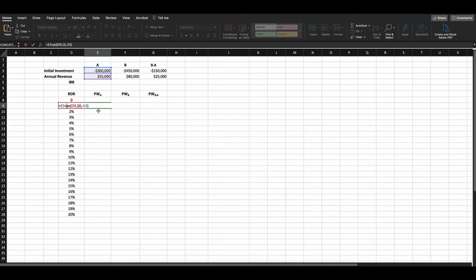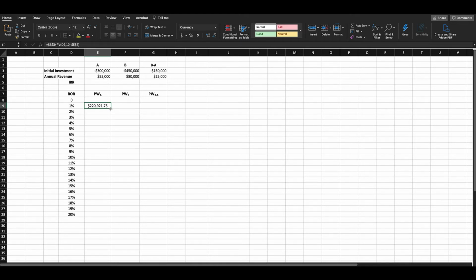And since I want to copy down the calculations for all these other percentages, I'm going to lock in the E3 cell, which is the initial investment, pressing F4. And also annual revenue needs to be locked in, pressing F4 there as well. And if I enter here, that is the present value of this investment alternative at 1%.